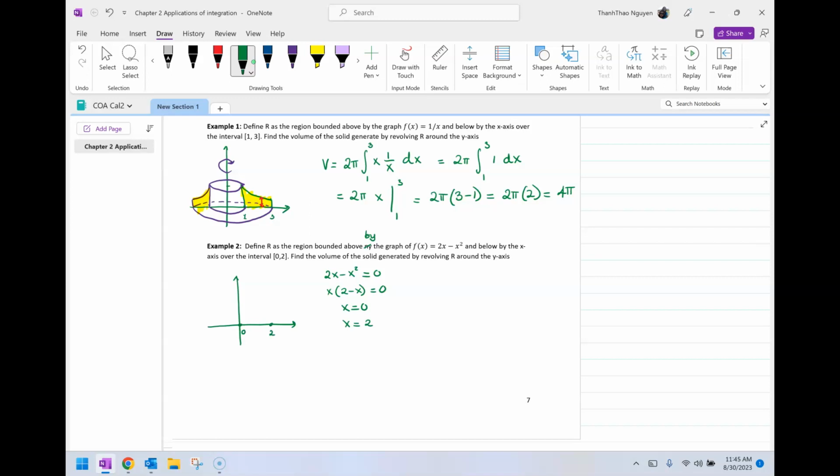This is a parabola, so it goes something like that. This is the region that we will revolve around the y-axis, so we get something that looks like that.